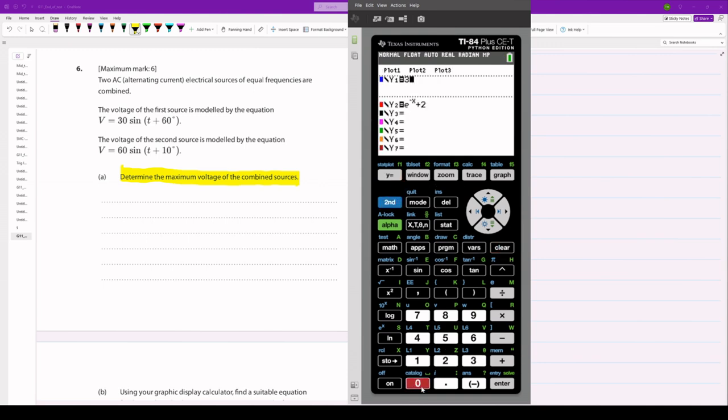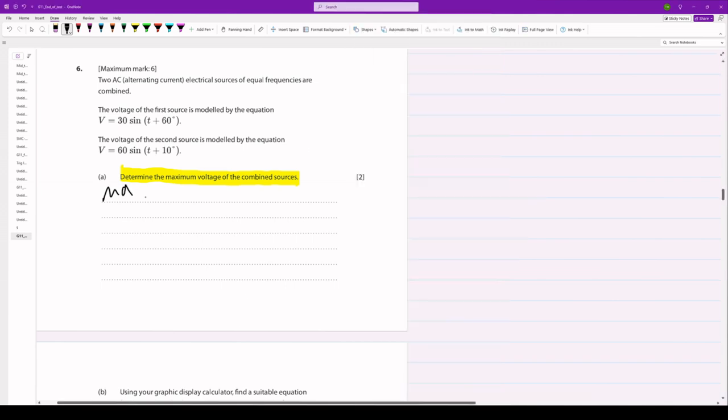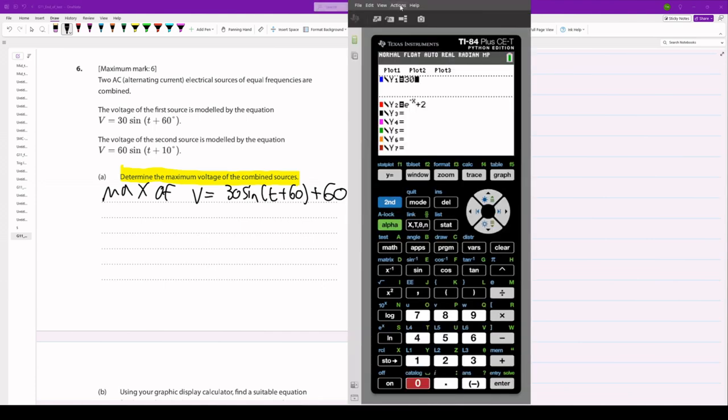So if I would like to know the max of the two combined sources, well then that means I would like to know the max of 30 sine t add 60 sine t add 10. That is exactly what I shall put into my calculator.